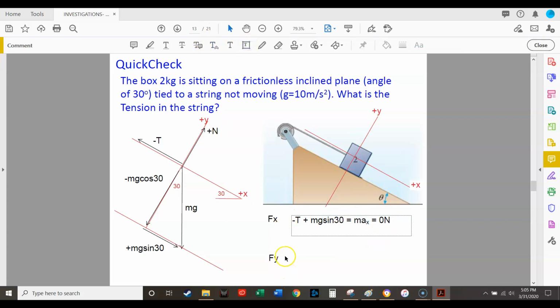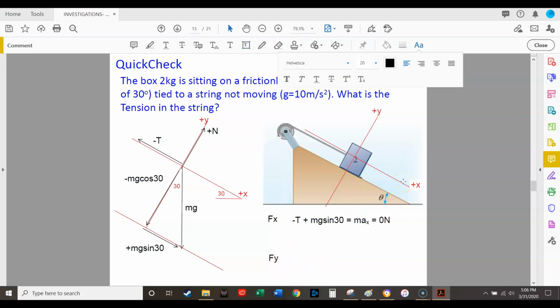We don't have to do this, but let's go ahead and do the same thing and sum the forces in the y direction. In the y direction, we have two vectors. We have positive N pointed in the positive y direction, and we have negative mg cosine of 30 degrees pointed in the negative y direction.